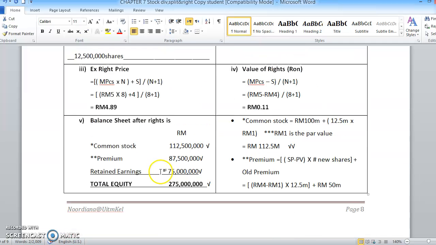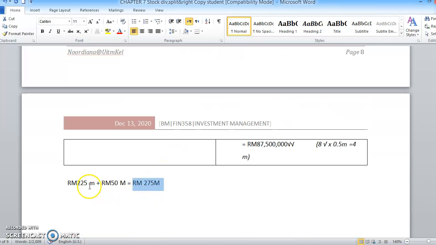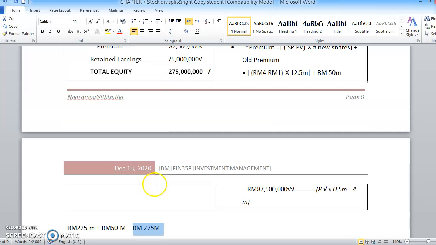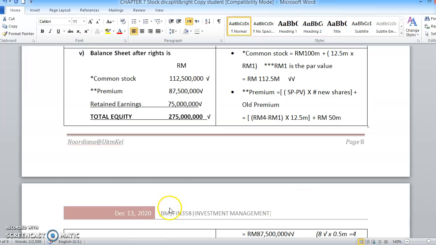So, you should get total stockholders equity atau total equity yang lama, 225 tadi, tambah 50 million fund needed, you akan dapat the same 275 million. Okay, so that's how you check sama ada calculation kita kat sini ni betul ataupun salah, ya.